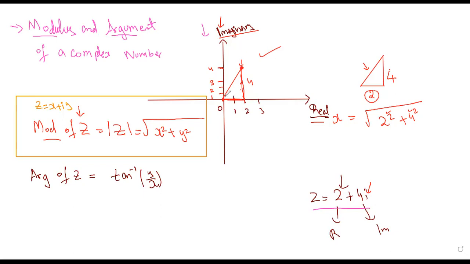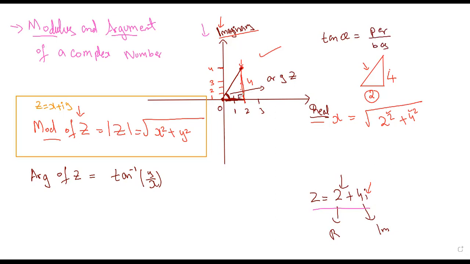So basically, argument is the angle between the line we get when we join the origin and the point of the complex number, and the x-axis. So the angle between the x-axis and this line is basically the argument of z, right? And if we talk about the trigonometric ratio, we have tan theta equals perpendicular over base, right?